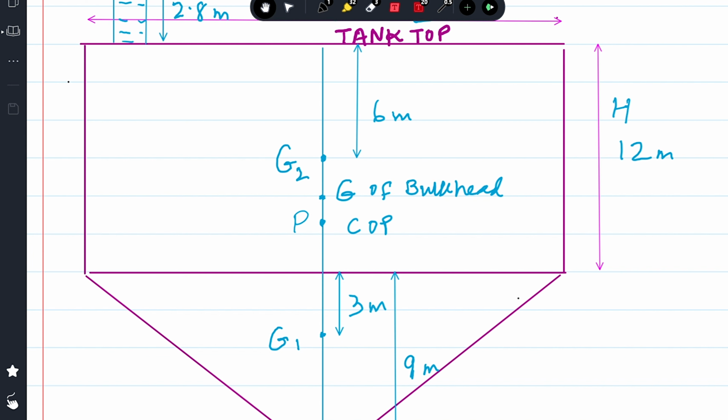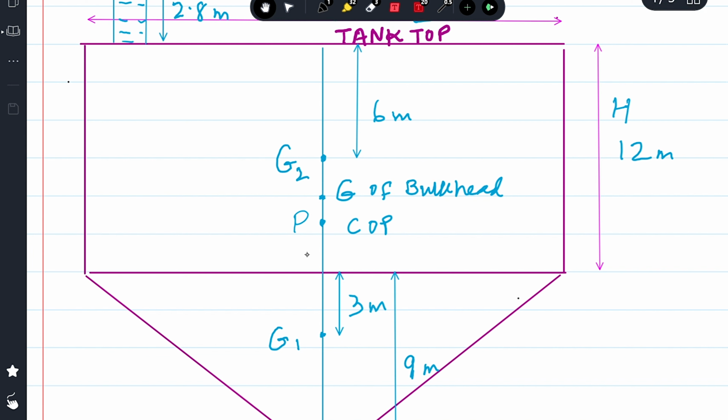So here we have to do two things. First, we must find the center of pressure of this bulkhead, which is comprising of two different types of shapes, a rectangle and a triangle. We must first find the centroid of the bulkhead, and then we must find the moment of inertia of the rectangle portion about water surface.